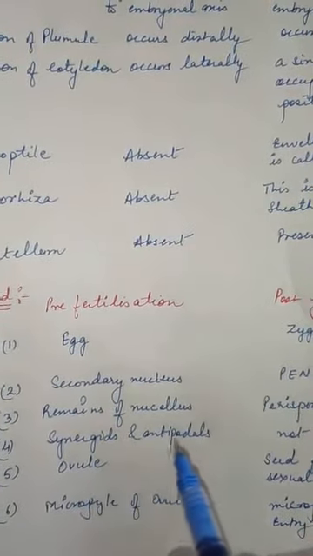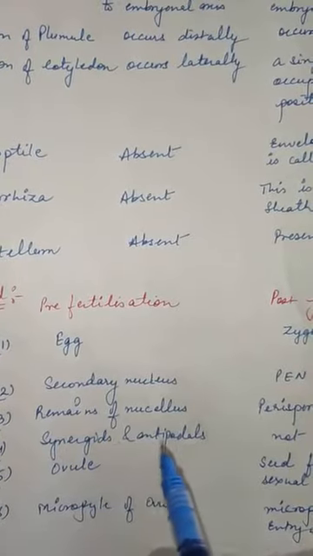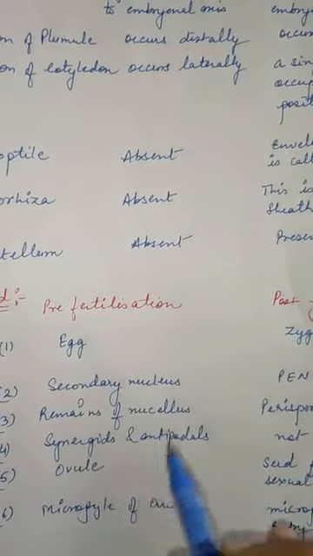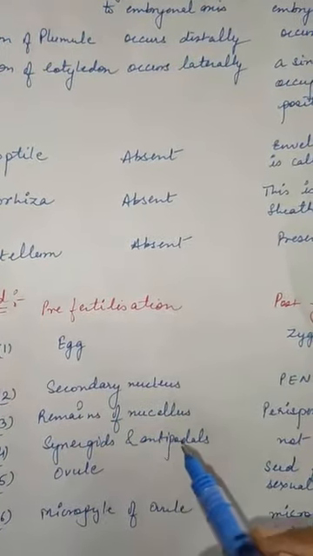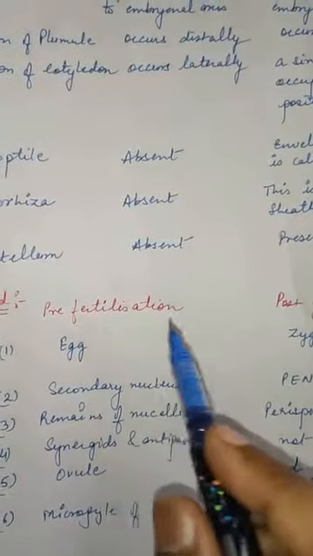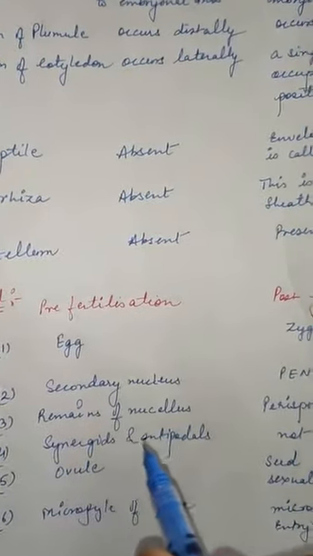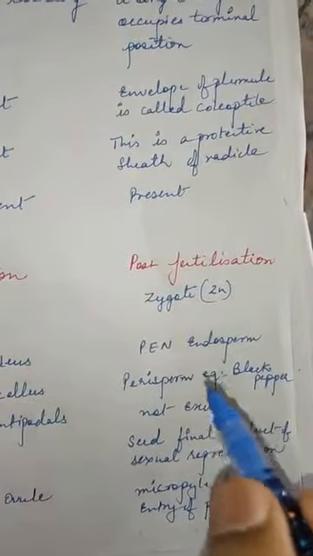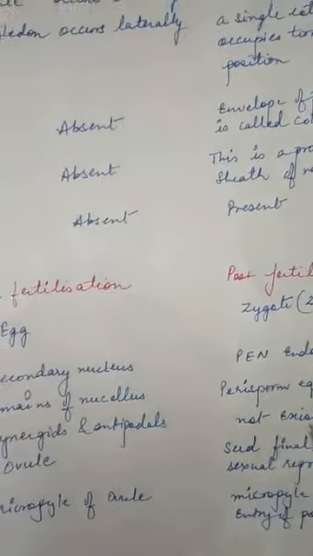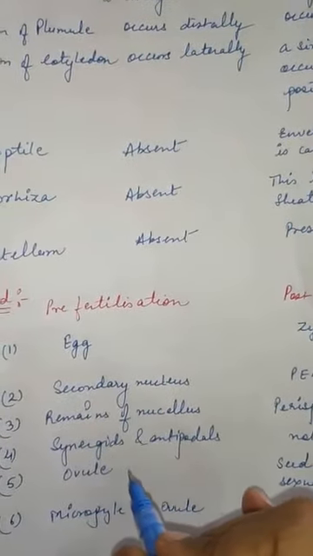Synergids and antipodals, which we have learned in the embryo sac, are present in the pre-fertilization event, but after post-fertilization they do not exist. Ovule, right?